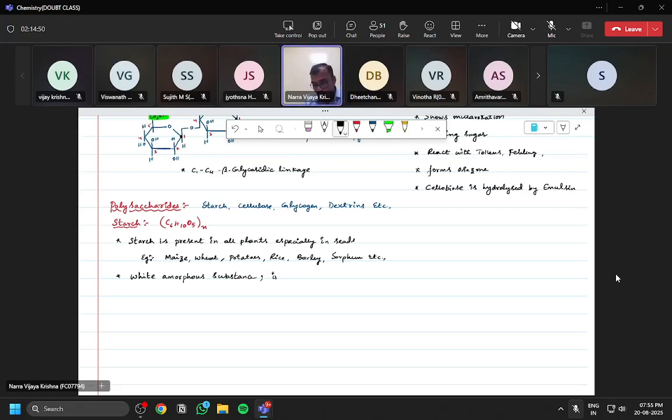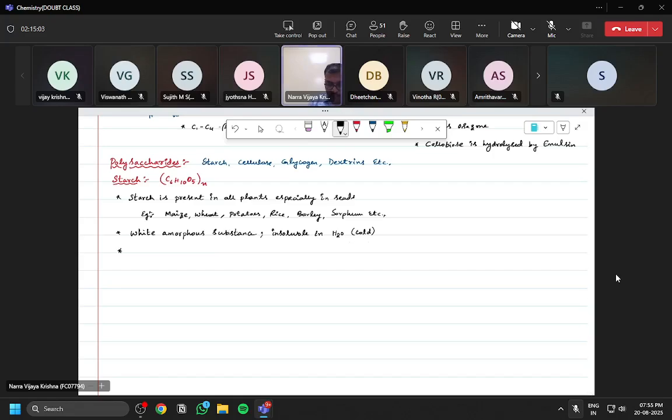Less soluble in water, almost insoluble in water. On heating, solubility slowly enhances. It is used as an indicator for iodine by imparting blue coloration with iodine, where iodine molecules are trapped inside the helical structure of starch, right?